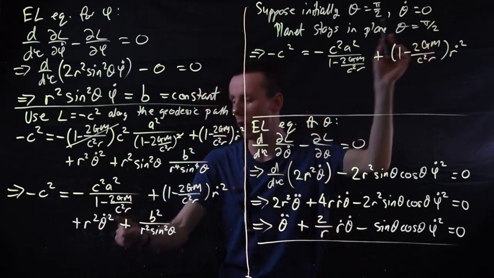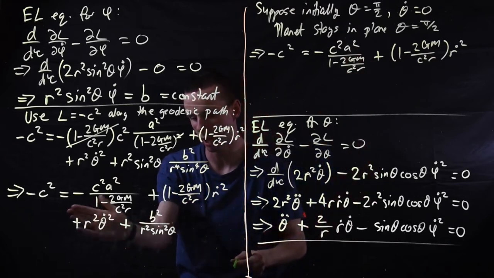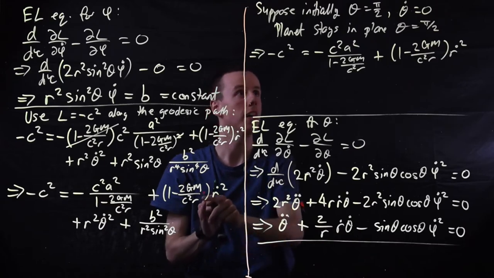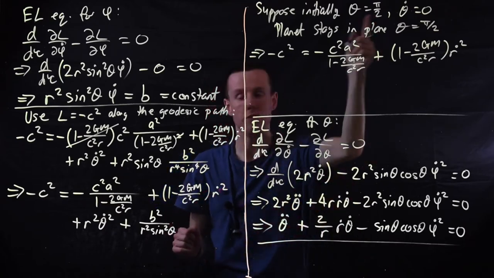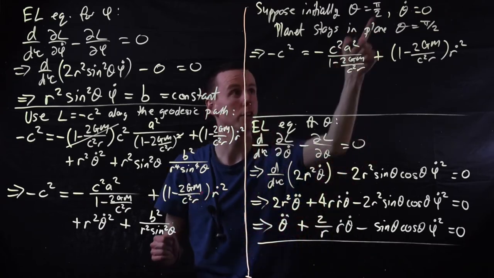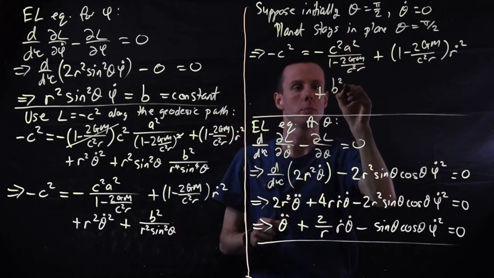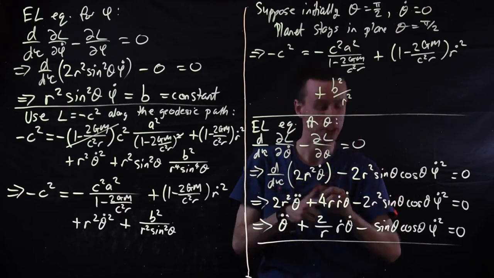Initially it's 0 and it stays 0, so that term is just gone. And over here then, we've got b squared over r squared sine squared theta, but theta remains at the value of pi over 2, and the sine of pi over 2 is just 1, so that just becomes b squared over r squared.